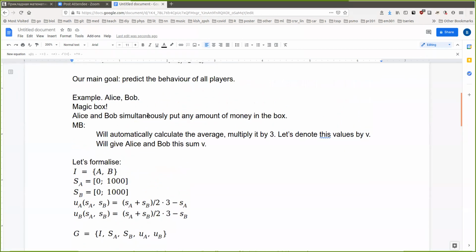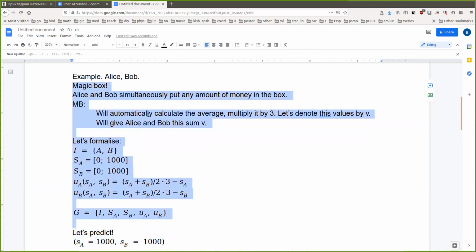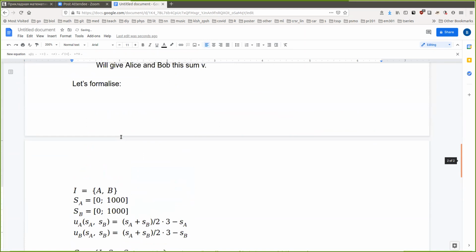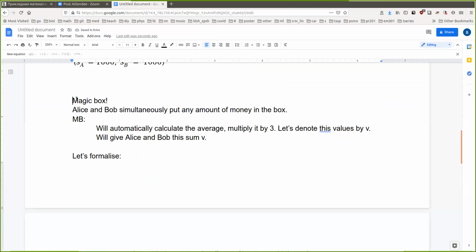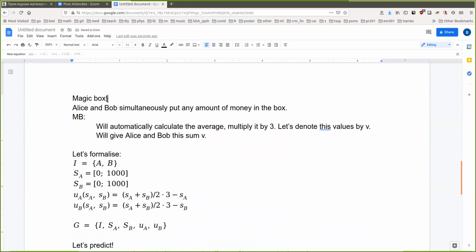Let's change this magic box a little bit. I will go on the next page to avoid problems. Magic box 2. This second magic box is a little bit greedy.